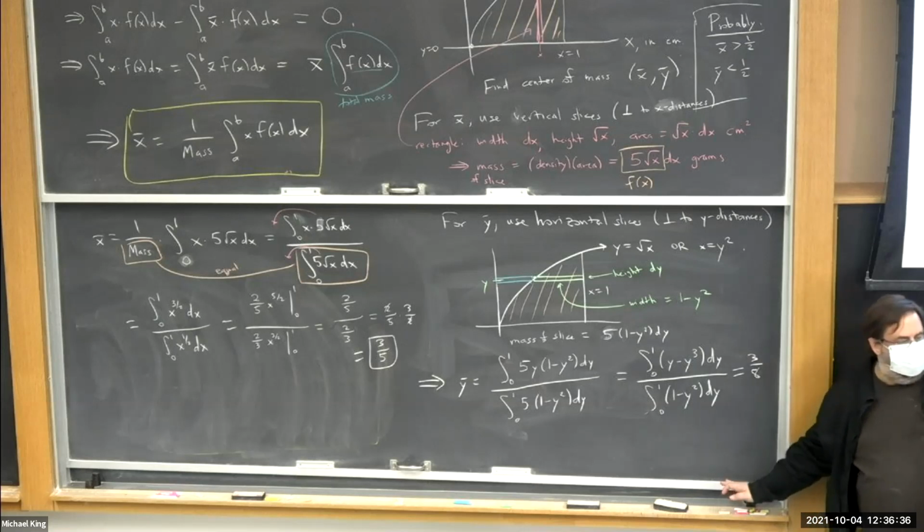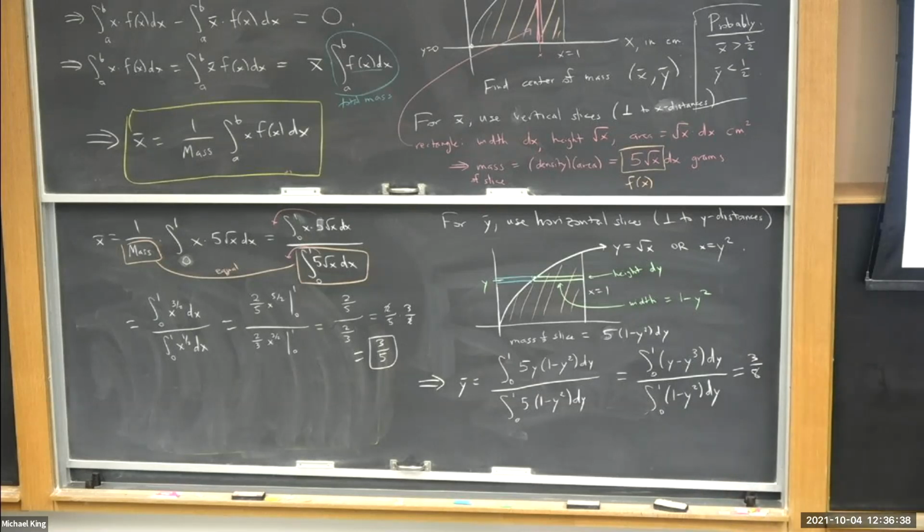So since the 5 cancels out, what's the usefulness of it? Right, it's sort of funny, because it's almost like it's actually just about distances and areas and stuff, not really about mass at all. But that's because the density is constant.